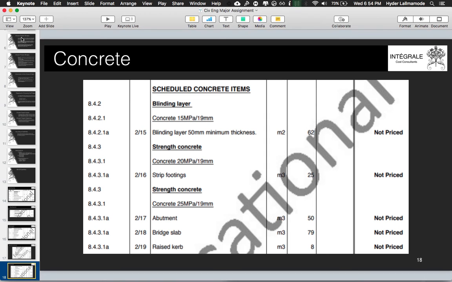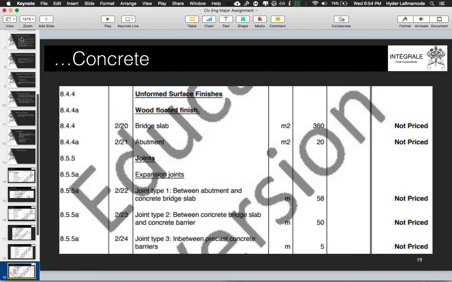And then for concrete, there was blinding, and we also assumed that we have 15 MPa strength for blinding, and for concrete, we had stronger concrete, that's 20 MPa for strip footings, and then for abutment, bridge slab, and raised curb, we had 25 MPa.